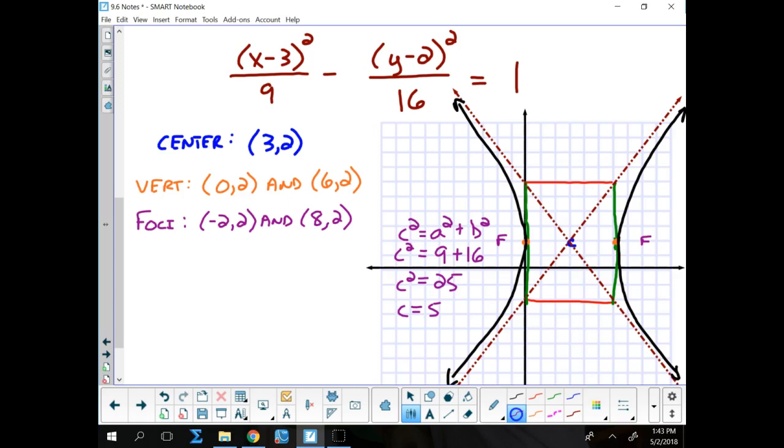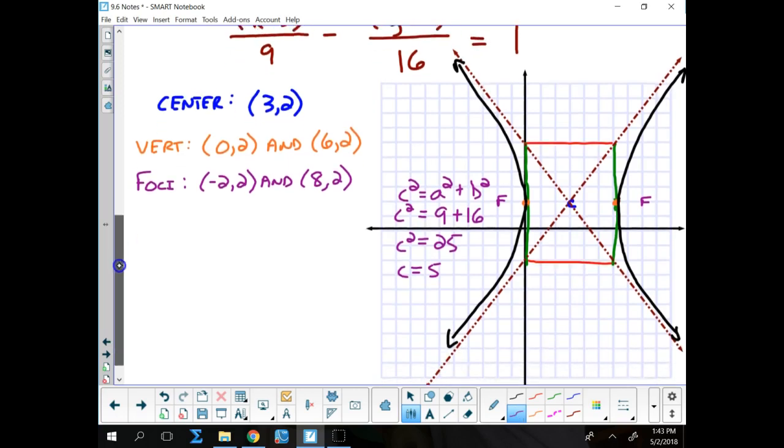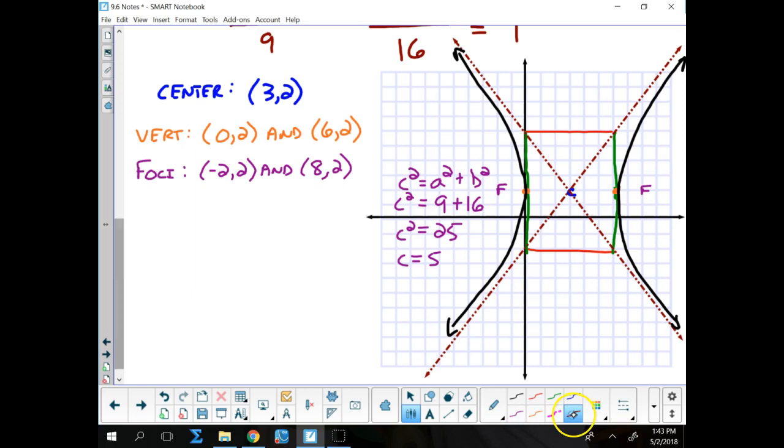Yes? Slope of my asymptotes. What is the slope of my asymptotes? Plus and minus b over a, right? Which is 4 over 3. Did we luck out with nice asymptotes? Yeah?